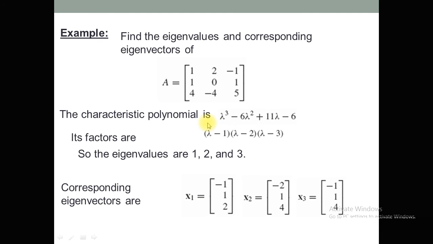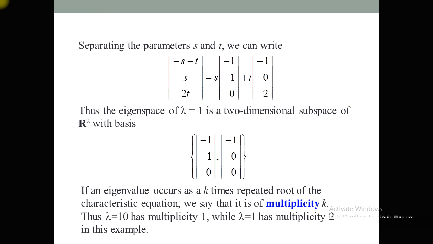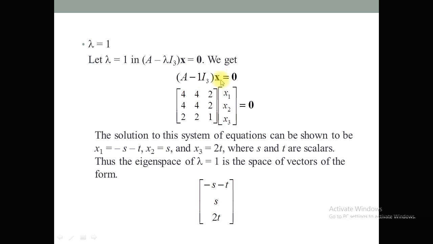For the eigenvector you can use the equation like you see over here in the previous slide. You can use the equation (A minus lambda I) into x is equal to 0, putting the value of lambda and multiplying the value of lambda with the identity, you obtain a matrix.